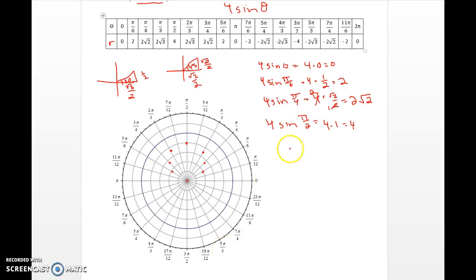At 5 pi over 3, r is negative 2 root 3, so we go back and get the 2 root 3, which is already there. At 7 pi over 4, r is negative 2 root 2. Going back, our point's already there. At 11 pi over 6, r is negative 2. There it is. And at 2 pi, r is 0.